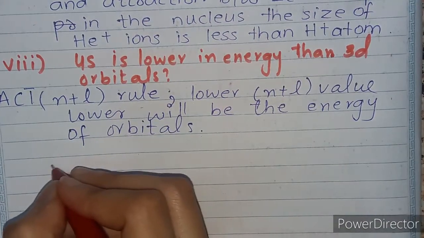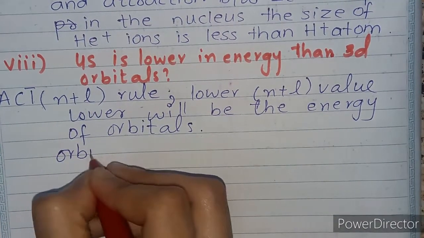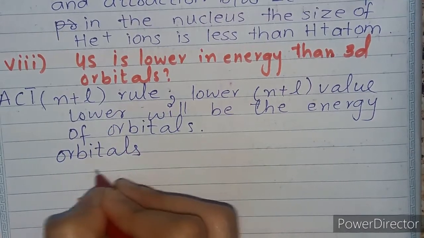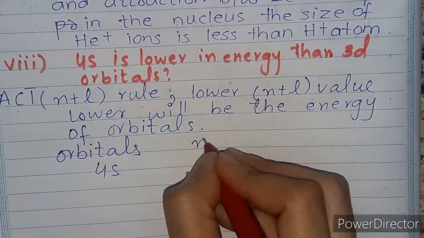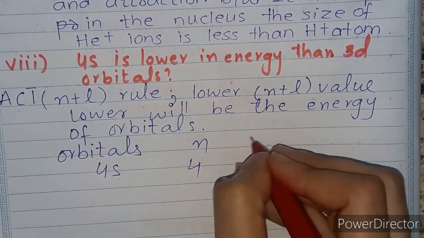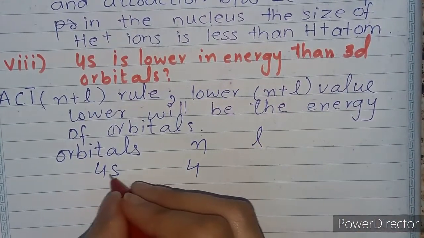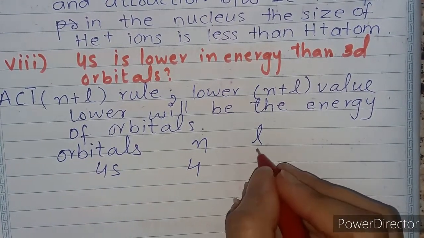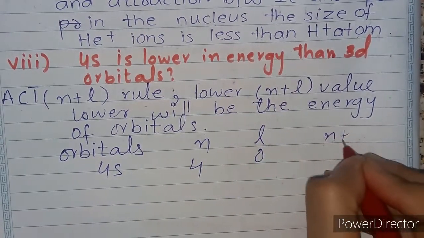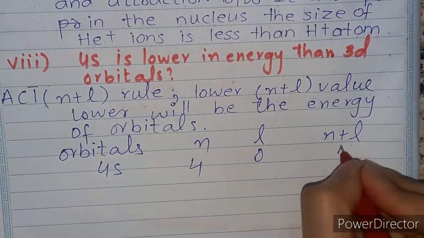So first we have to write the orbitals. 4s: the value of n is 4 and the value of l for s is 0, and n plus l, 4 plus 0, is 4.